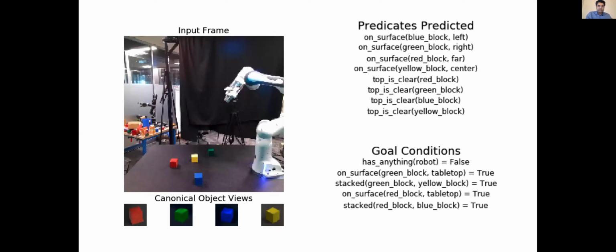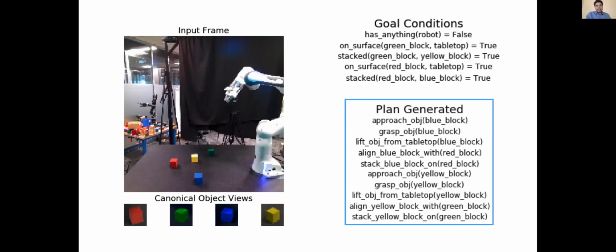And the goal conditions, as you can see, say the robot should not have anything in its hand at the end of the task execution. The green block should be on the table, and the green block should be supporting the yellow block, and the red block should be on the table while supporting the blue block. So this is a goal condition, and these are the predicates for this particular state of the scene.